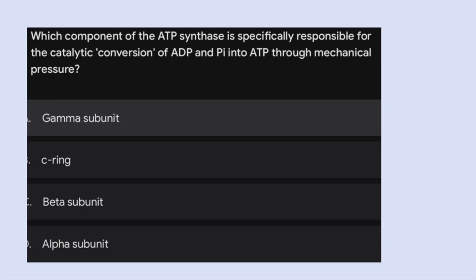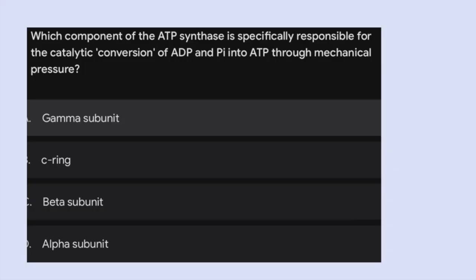Which component of the ATP synthase is responsible for the catalytic conversion of ADP and phosphate into ATP? We talked in detail about how it rotates and becomes loose, then tight. Gamma rotates, but who is converting it into ATP?